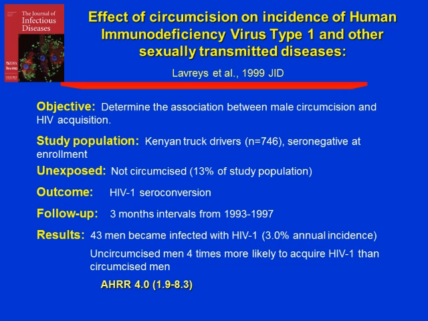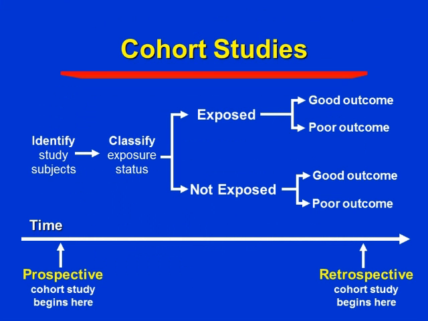And they found that uncircumcised men were 4 times more likely to acquire HIV than circumcised men, with an adjusted hazard rate ratio of 4. This is a classic example of a cohort study. Cohort studies are when you look at people over time, and they can either be retrospective or prospective.